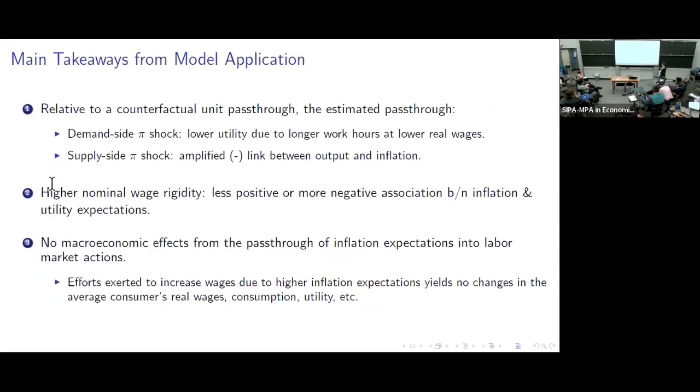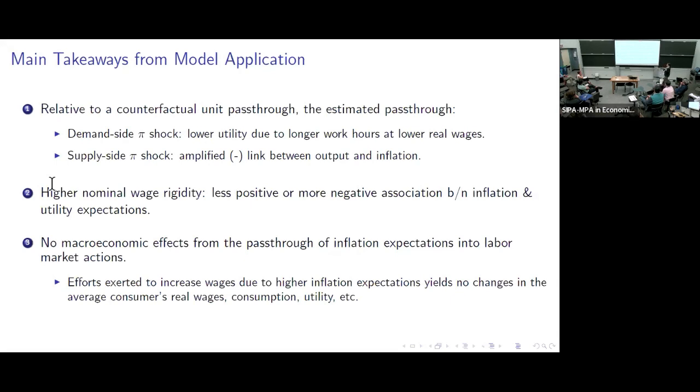On the model front, we're going to run the analysis relative to a counterfactual of a unit pass-through from inflation expectations to income growth expectations. And relative to that, the estimated less than unity pass-through will give the following results. If we shock the model with inflationary shocks coming from the demand side, we're going to see that our consumers will be suffering from lower utility because they are being motivated or forced to work longer hours at a lower real wage.